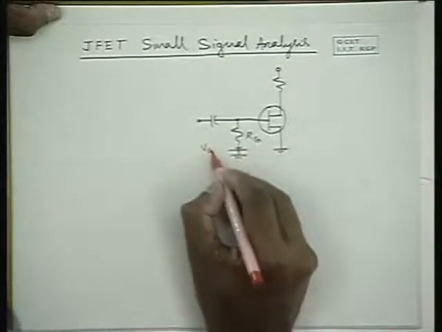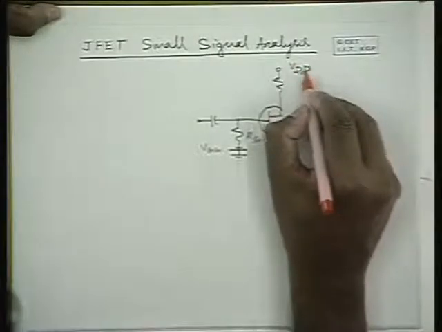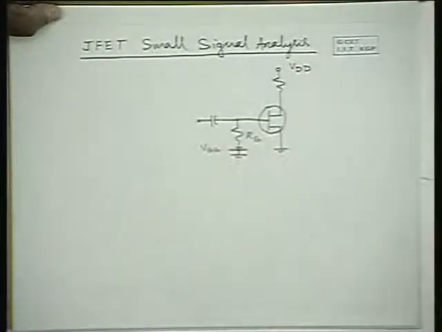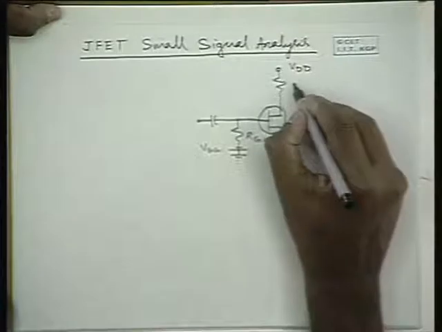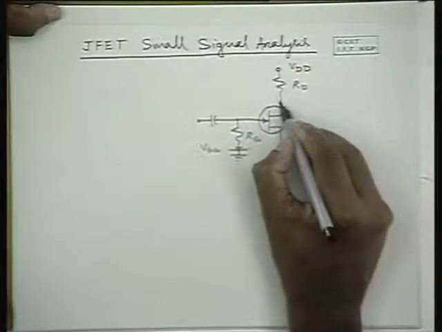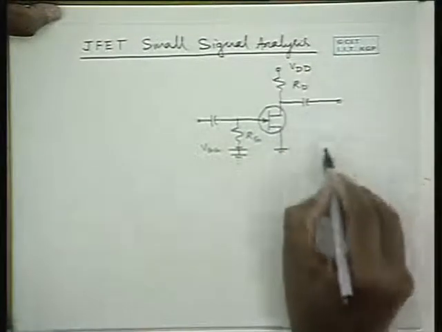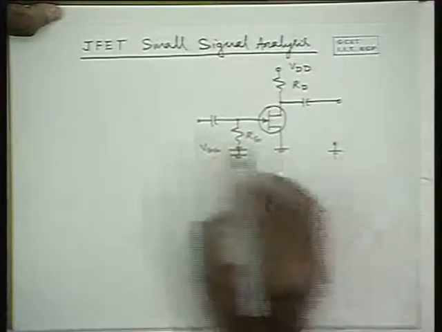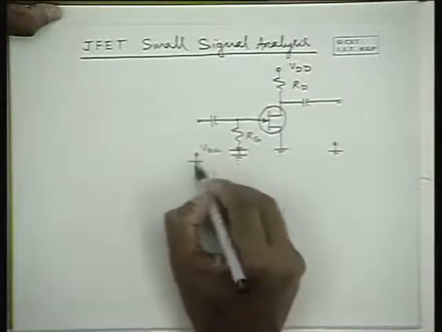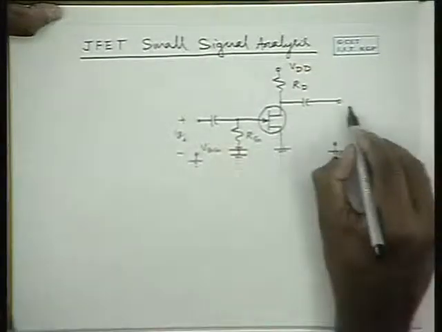So this is VGG, and here we apply VDD, the supply for the channel. So this is the drain resistance RD, and this is the FET, and we take the output signal from the drain through a coupling capacitor.